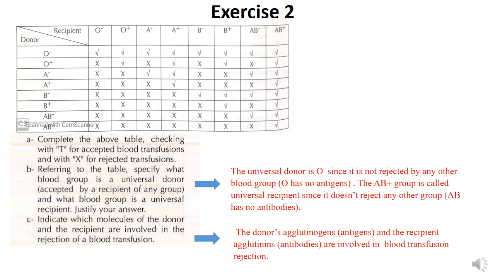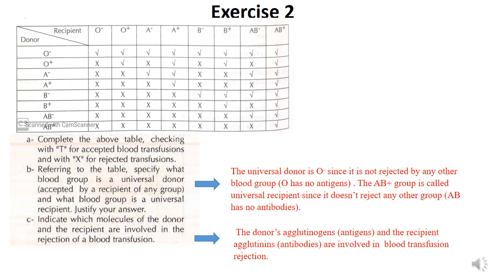So for the donor being O negative and the recipient being O negative, you see that the transfusion can be done. And the same for O positive, A negative, A positive. O negative can donate blood to all the blood groups.